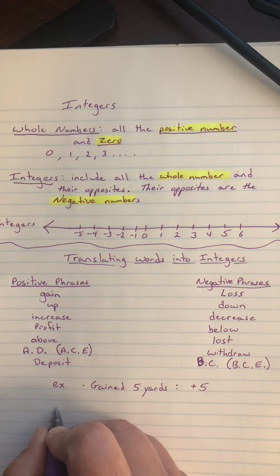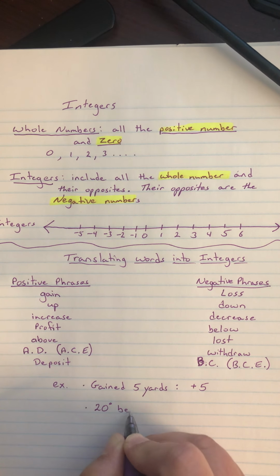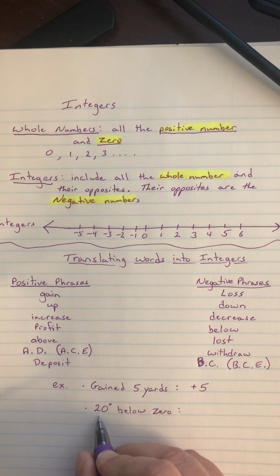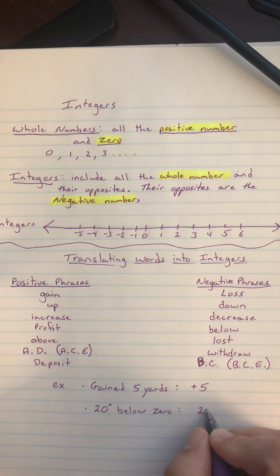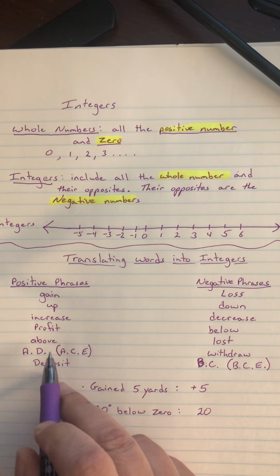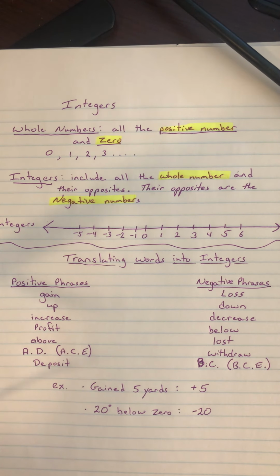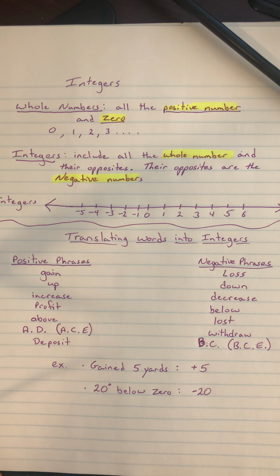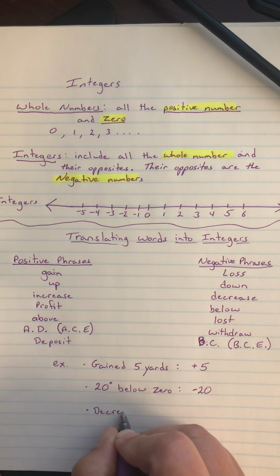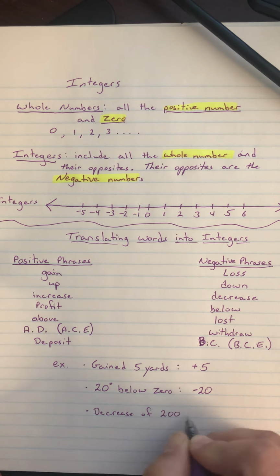Okay? If we are 20 degrees below 0, well, 20 degrees, there's our 20. We don't write the degrees at this point because we're just talking about a value. Below. Oh, there we go, below. And that's a negative term, so it's negative 20. Okay. Let's see, I got 2 more here. If we have a decrease in population of 200.